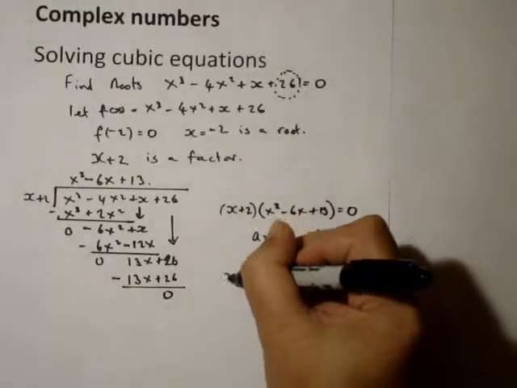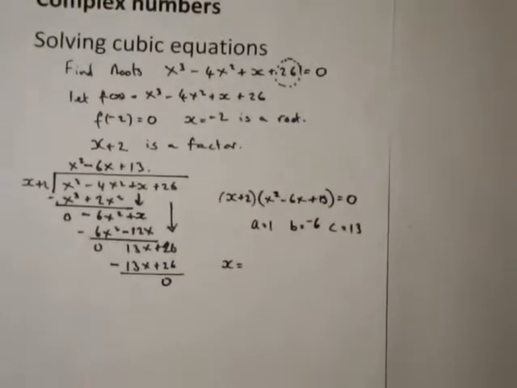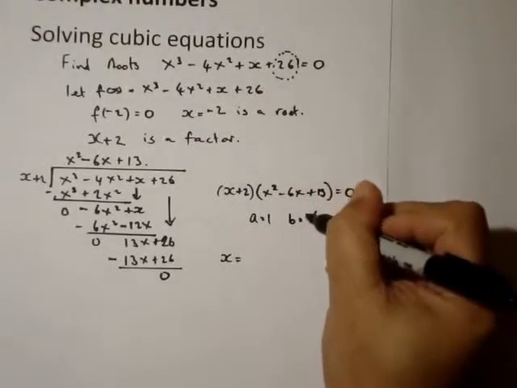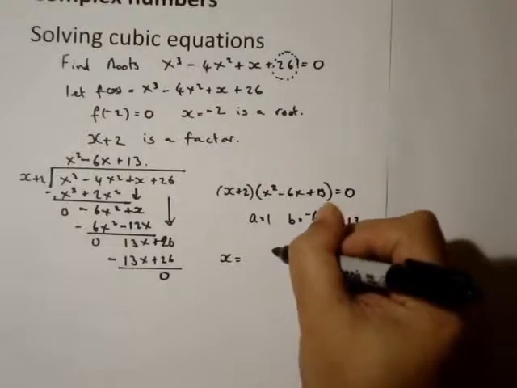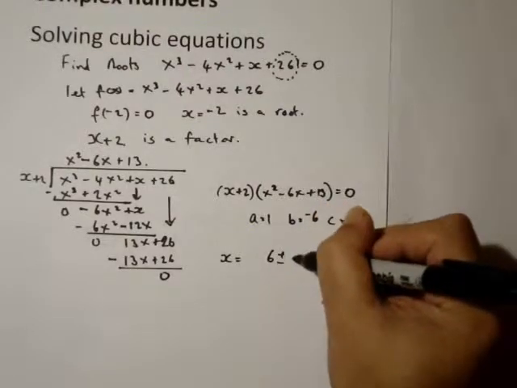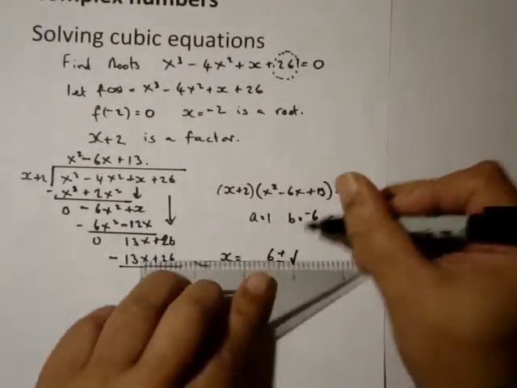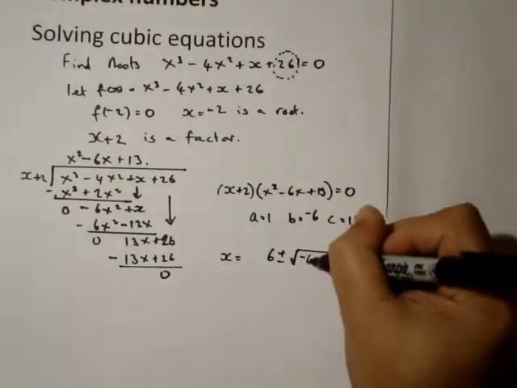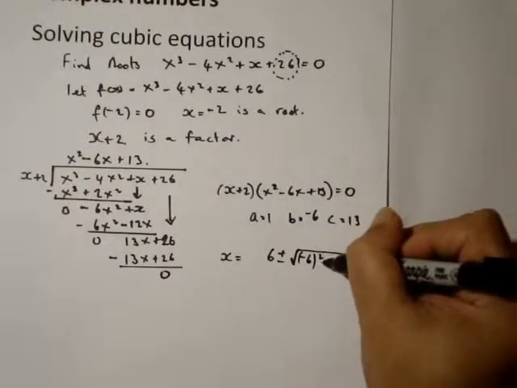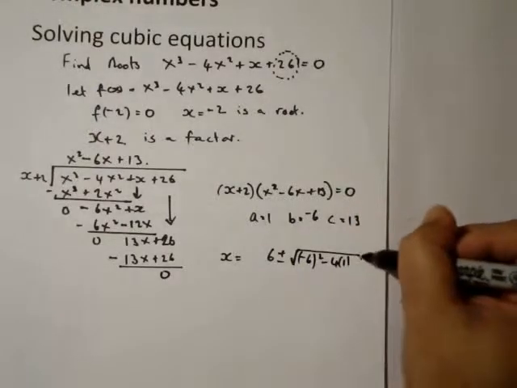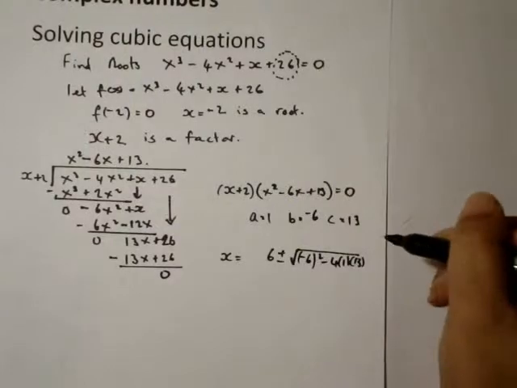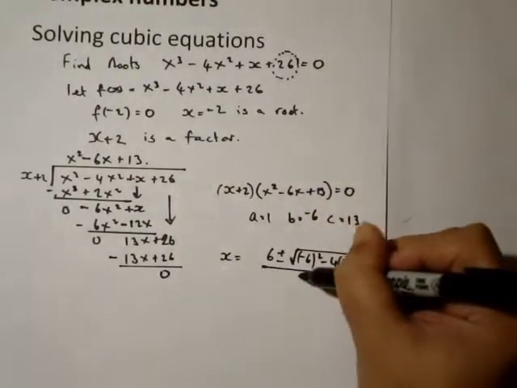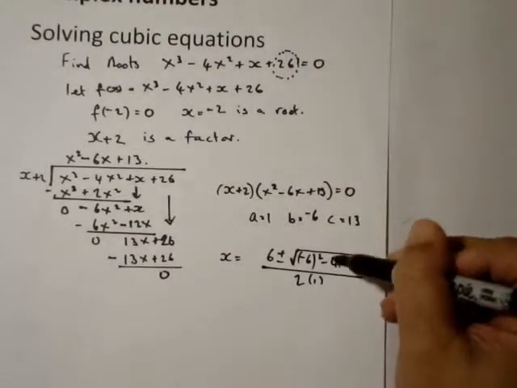So here we get x equals minus b, which is 6, plus or minus the square root of minus 6 squared minus 4 times 1 times 13, and all that is over 2a, which is 2 multiplied by 1.